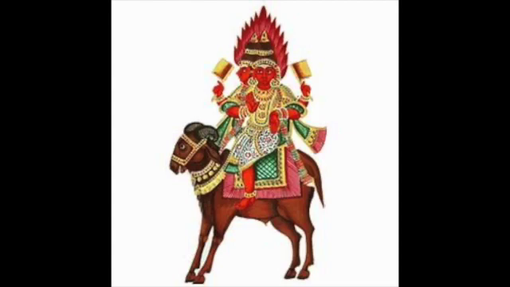Okay, so now from 3 degrees 20 to 6 degrees 40, we have what is called the third pada. Obviously, it's still in Taurus. At 3 degrees 20 to 4 degrees 13, this is a very difficult area. It's called Vishanadi.